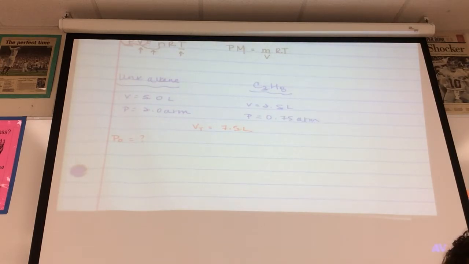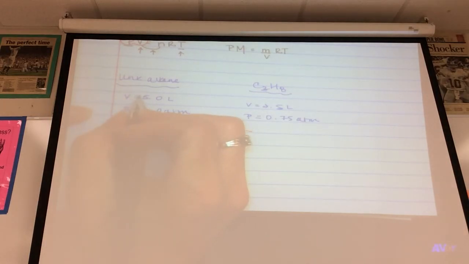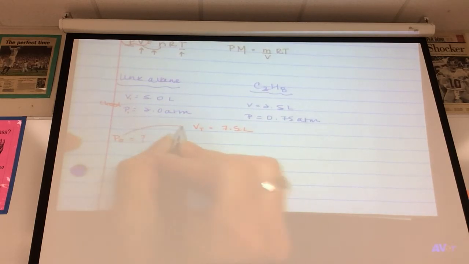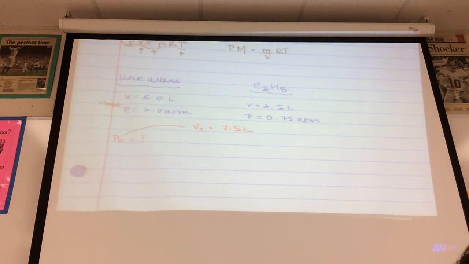What's Boyle's law? P1 times V1 is equal to P2 times V2. Well, what if these are the ones essentially in the closed position, and what if this becomes the twos in the open position?